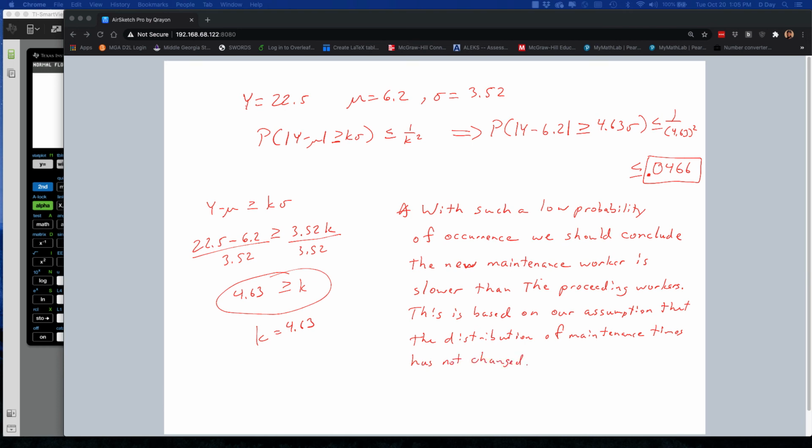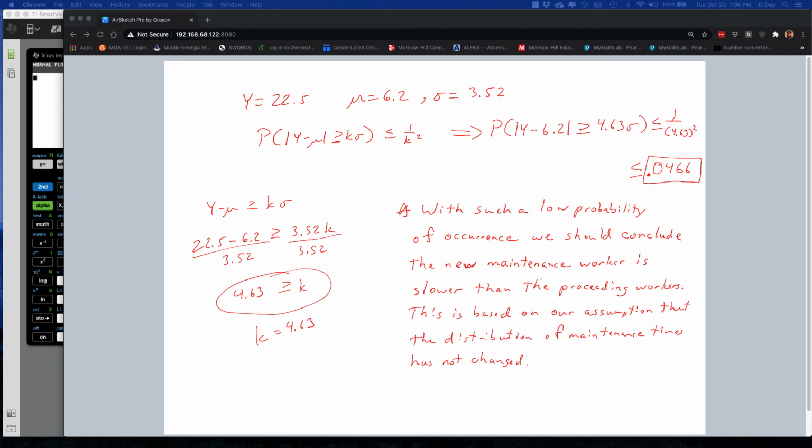If we hadn't assumed that, then our other option would be that maybe the maintenance times have changed and we need to regroup and maybe collect more data and see if it still fits the same alpha and beta that we had before, because maybe the mean has changed somehow. That would require us to do a whole lot more work.